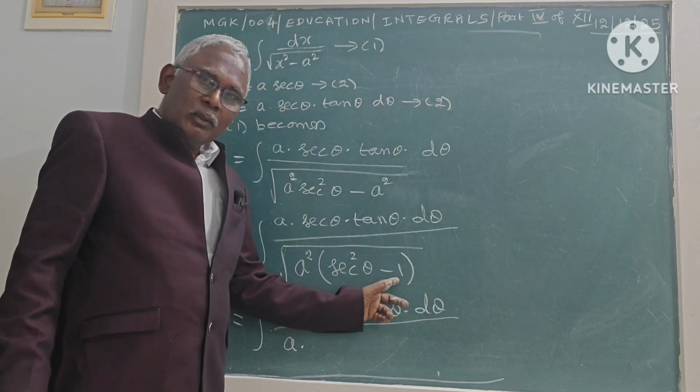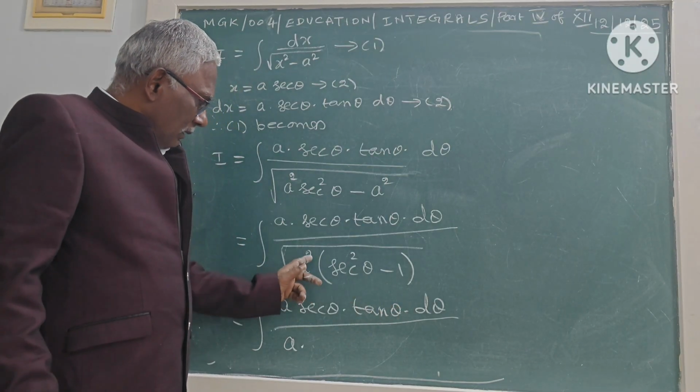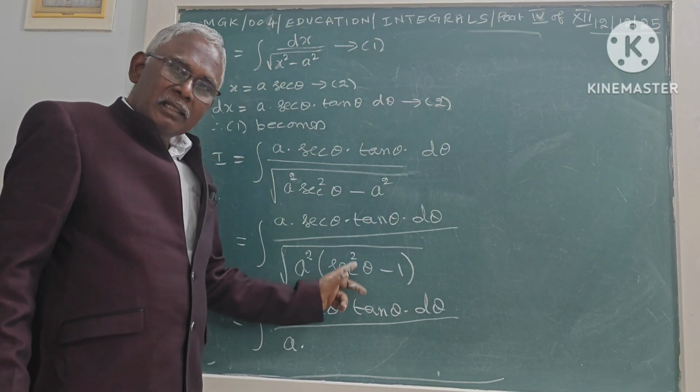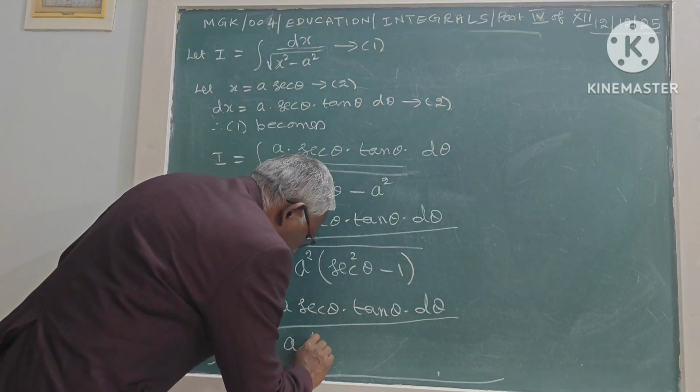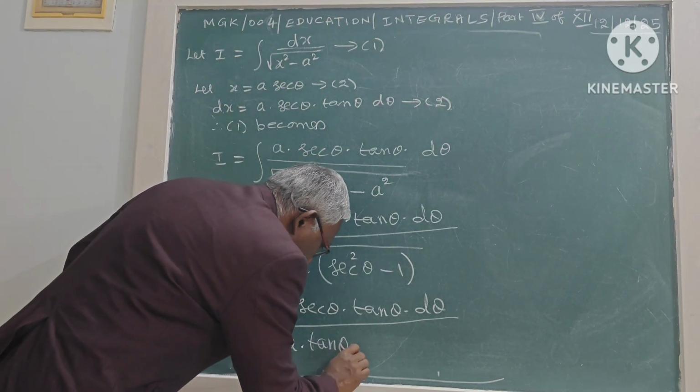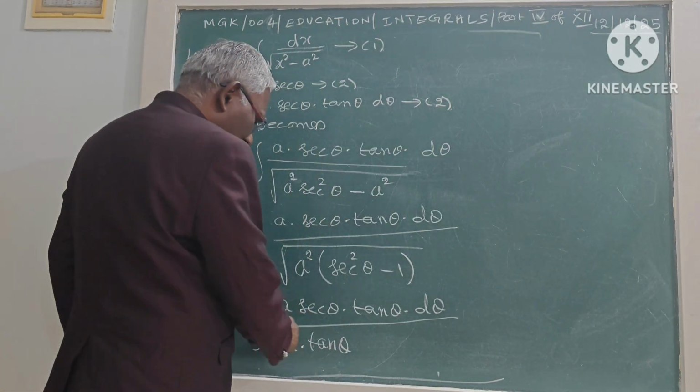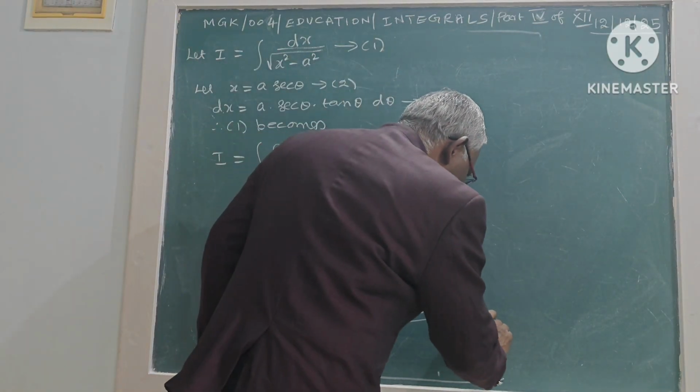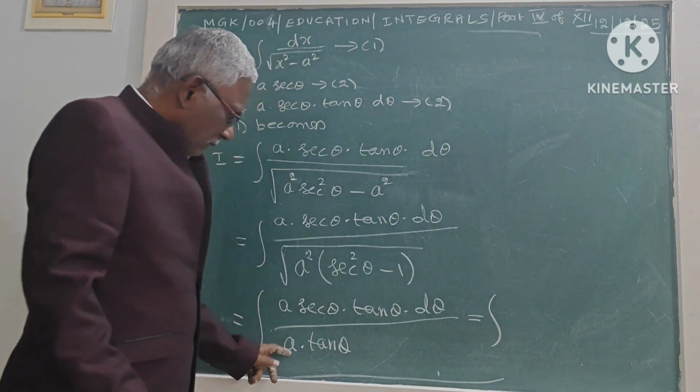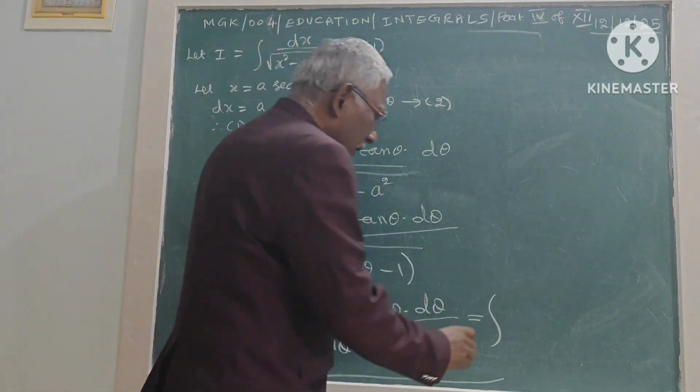Secant square theta minus 1 is tan square theta. Square root of tan square theta is tan theta. So this gets simplified to integral secant theta d theta.